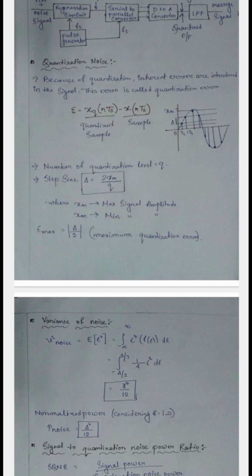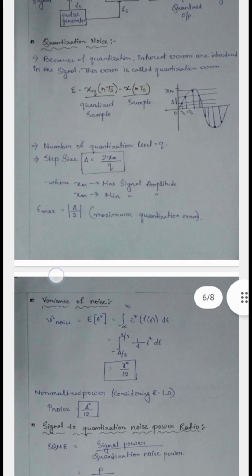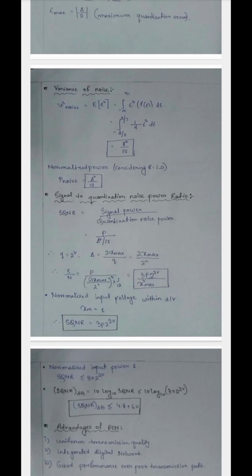Here the formula is xq(nTs) minus x(nTs), where xq(nTs) is the quantized sample and x(nTs) is the sample. With number of quantization levels q, the step size delta equals 2 xm by q, where xm is the maximum amplitude, and our maximum quantization error is the magnitude of delta by 2.